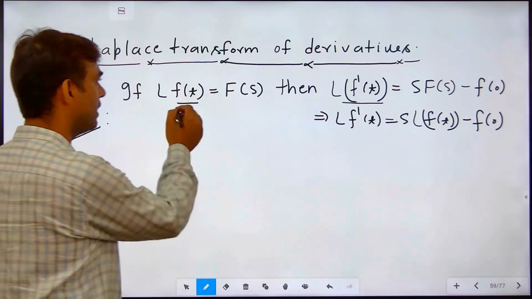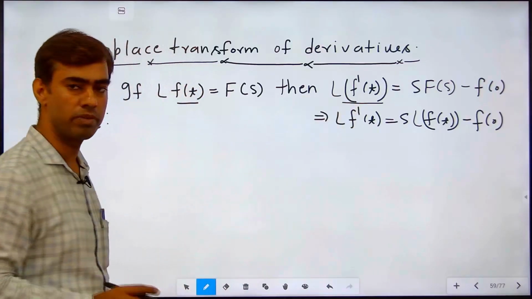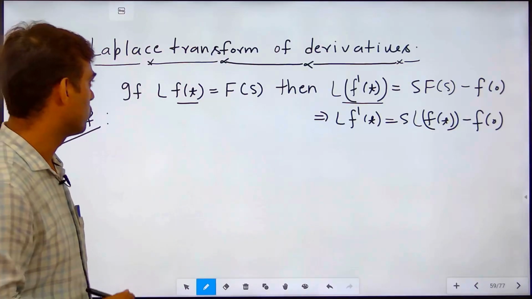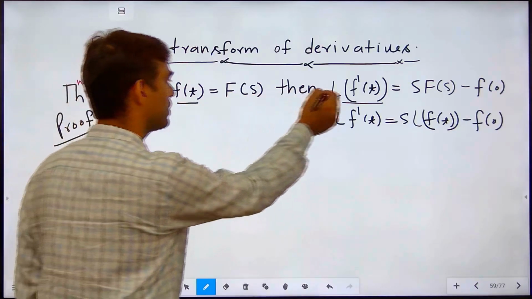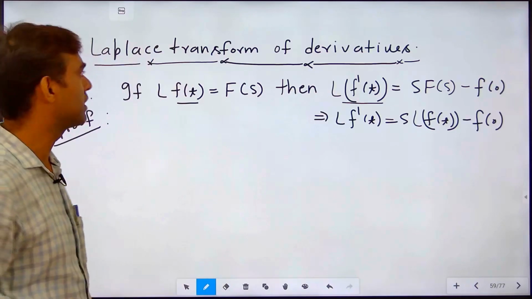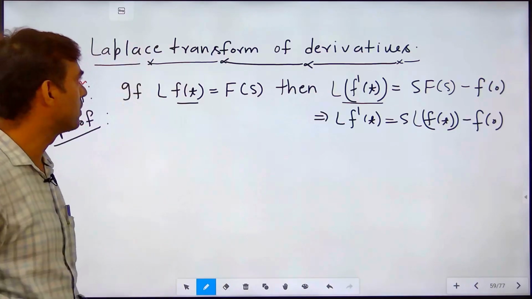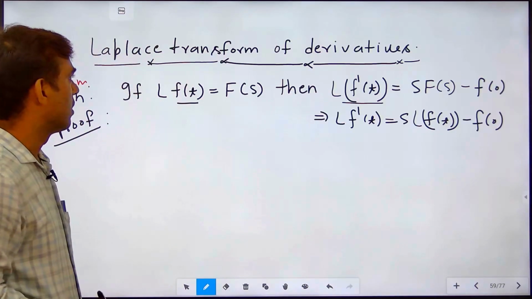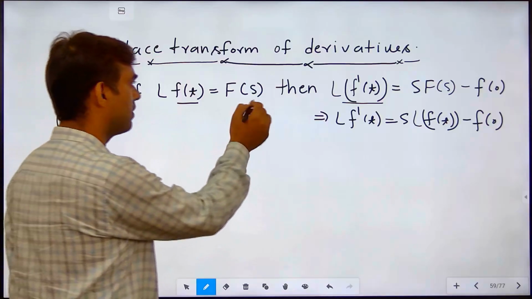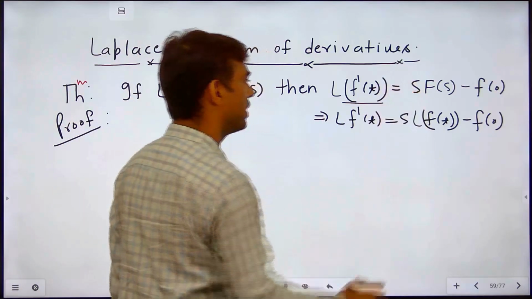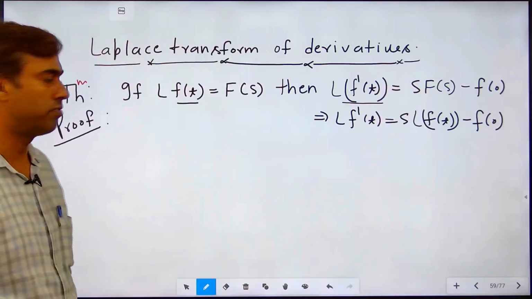So, f(t) and f'(t) both satisfy these two properties. These two functions must be from class A, then we are able to prove that if Laplace transform of f(t) equals F(s), then Laplace transform of f'(t) equals sF(s) minus f(0).